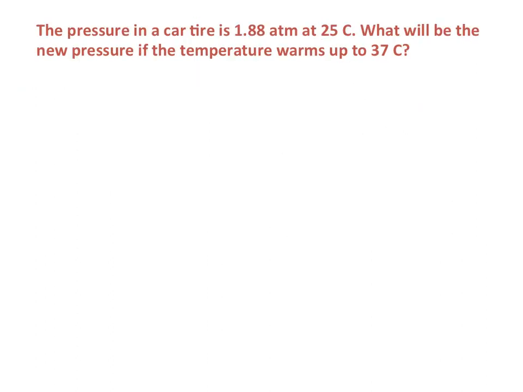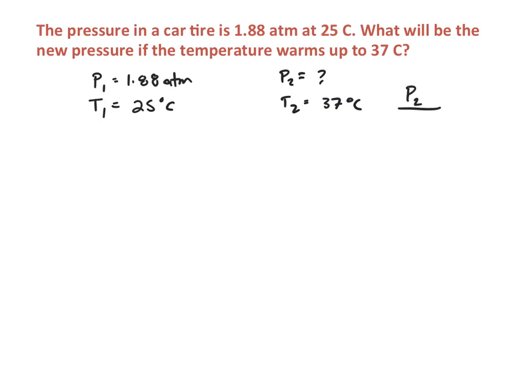The last problem we're going to be looking at here, they told us we have a car tire that has a pressure of 1.88 atm and a temperature of 25 degrees C. They want to know what the pressure in the tire will be at a new temperature, which is 37 degrees C. We're going to utilize this equation because they've mentioned nothing about volume, so we're going to assume that the volume is constant.